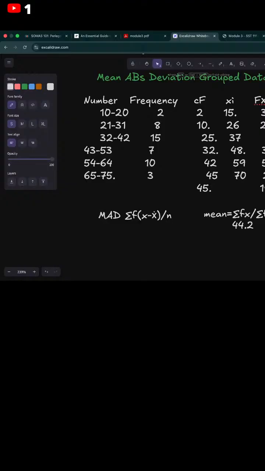Then the other part is 44.2, our mean, minus 26 as our x, and we should get 18.2.